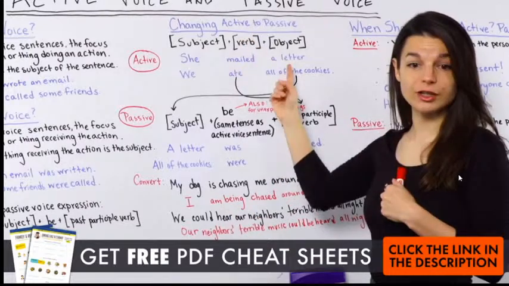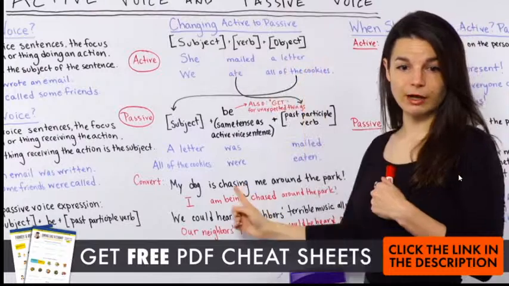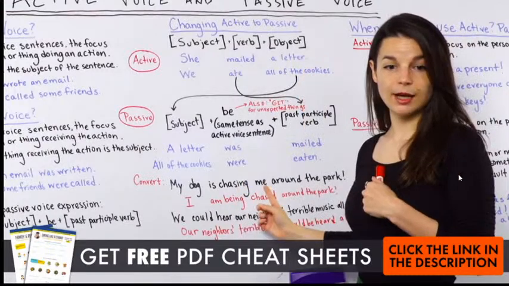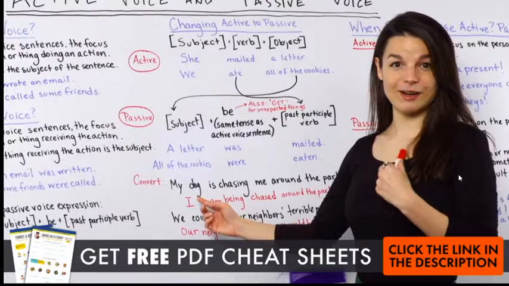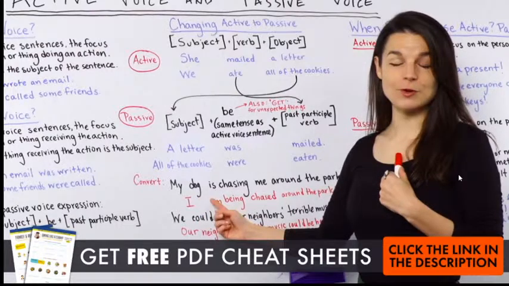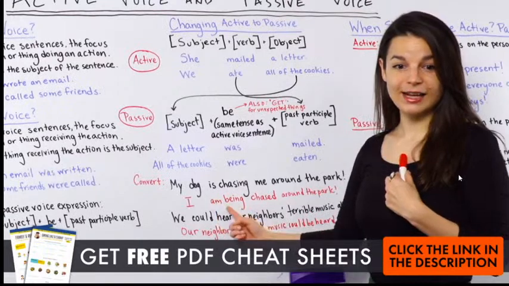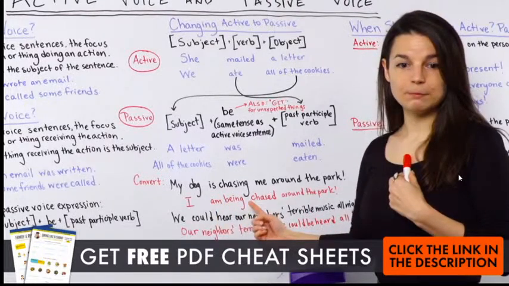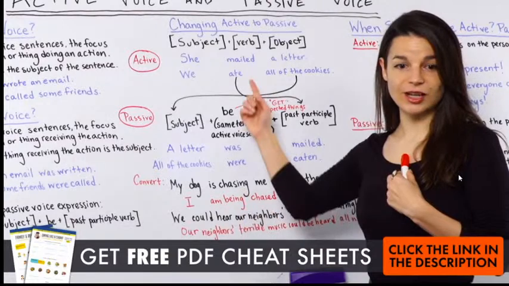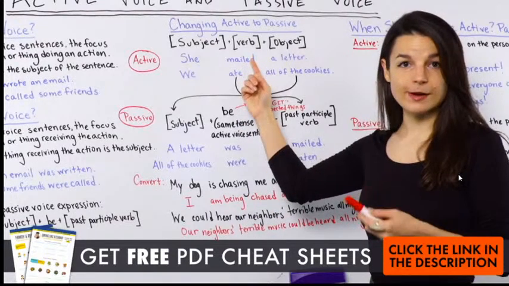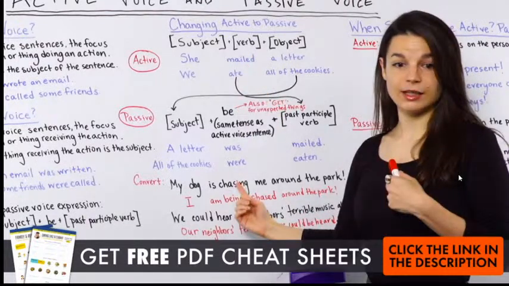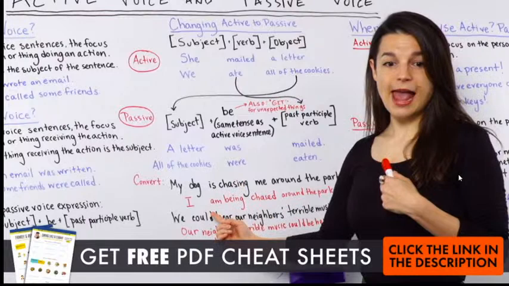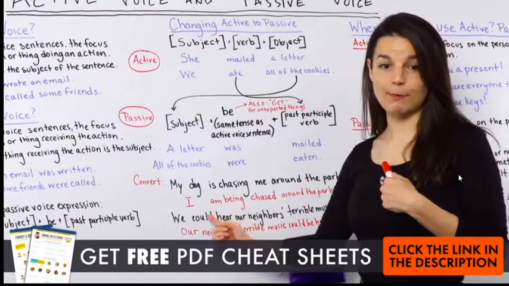So to convert, I need to take the object of my verb, in this case me, and put it in the subject position. So remember, when you are the subject of a sentence, and you're talking about yourself, you need to use I. You cannot use me here. I. Then my verb, in my active sentence, is chasing. This is progressive, so I need to keep progressive, and it's present progressive. So I am being. I've used am, not is, to match my subject.